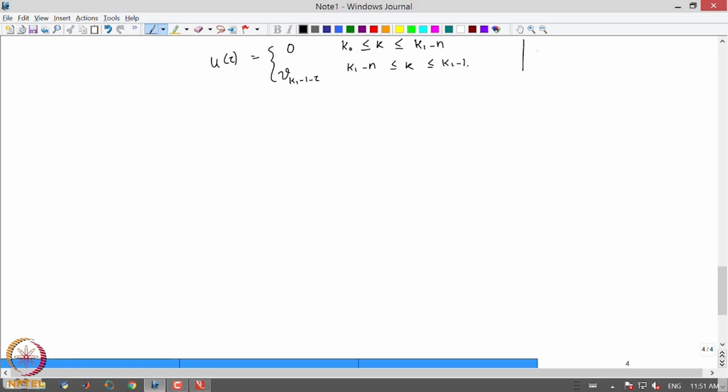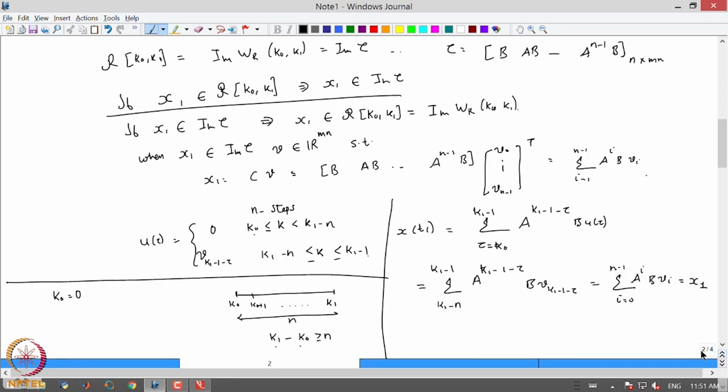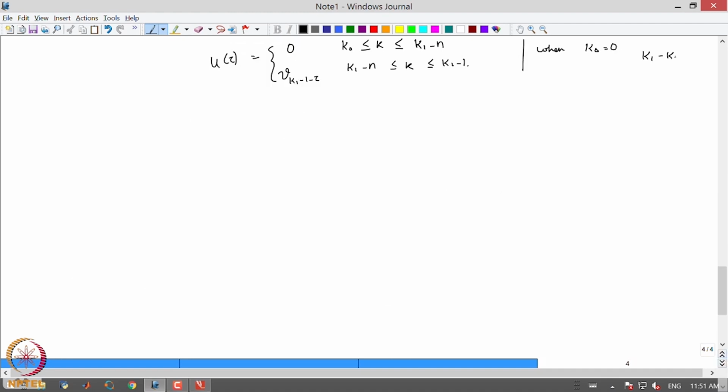Okay. So, let us say k naught equal to 0. And what do I need? What I have from this expression is that for the n step Gramian, k1 minus k naught should be at least equal to n. So, k1 minus k naught, let me just assume this is n. So, I have k1 equal to n. Okay. The first one is anyway ruled out, because I have 0 less than or equal to k, with a strict less than 0 here. So, this is ruled out.